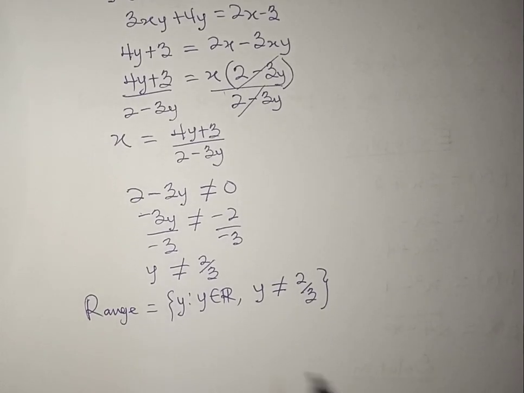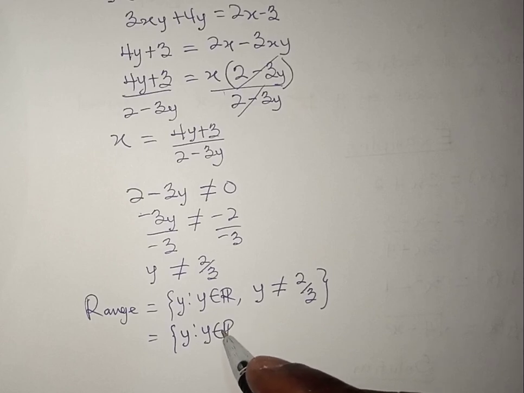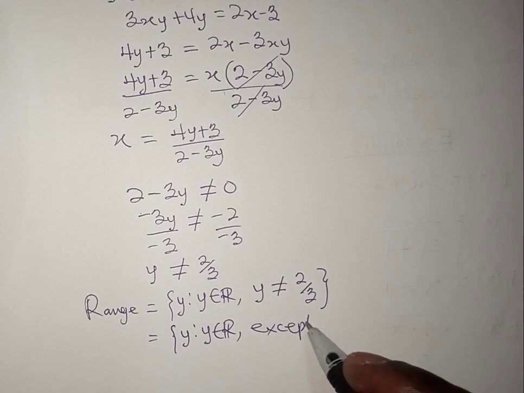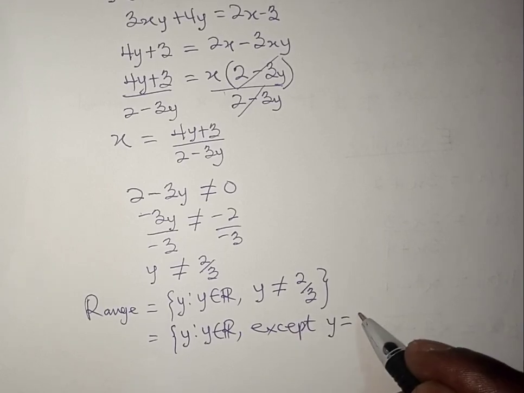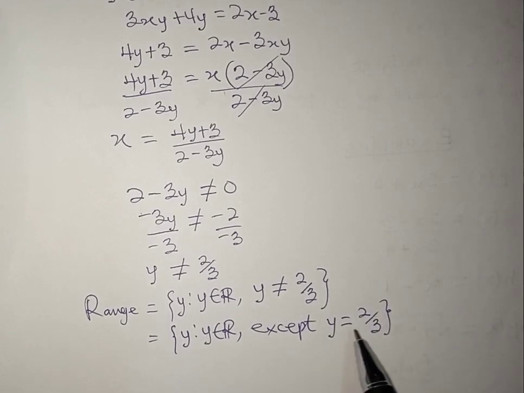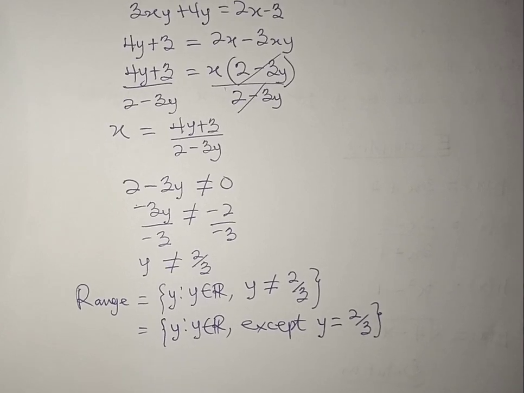Someone can also decide to write it this way: y is such that y belongs to the set of real numbers except y equal to 2 on 3. So any of the two, you can write any of them when you're asked to find the range. All right, so this is our second example. Now let's quickly look at our third example and the fourth example.